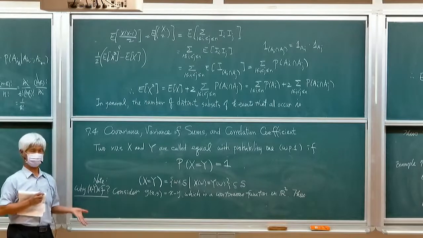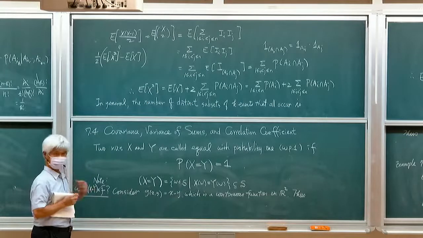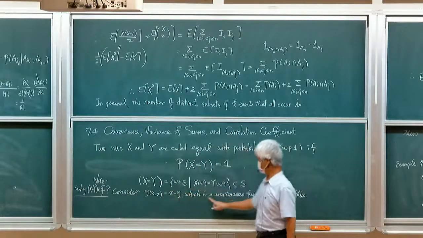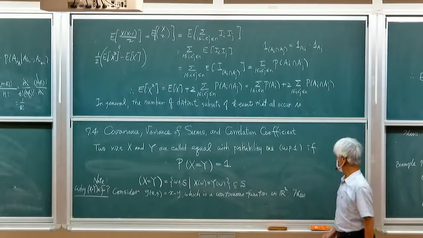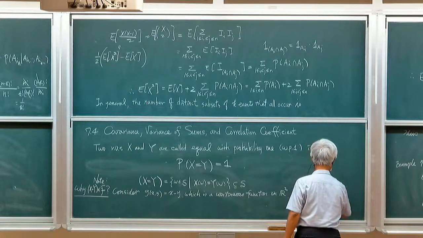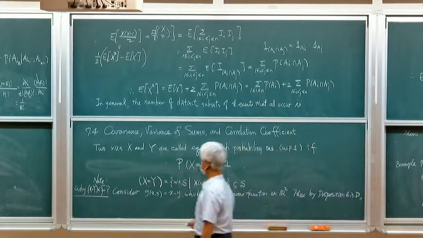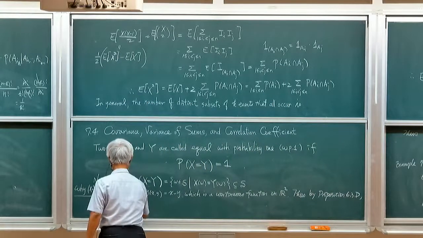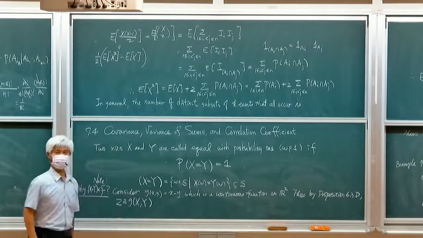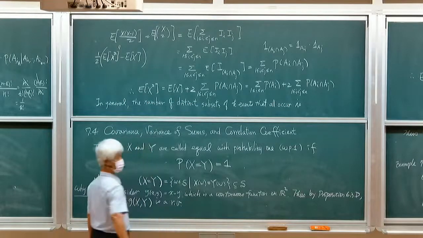Now you may ask me, so let me answer your question. The following way is that you consider such a continuous function. So by proposition 6.3.d, z, defined to be this, is a random variable.